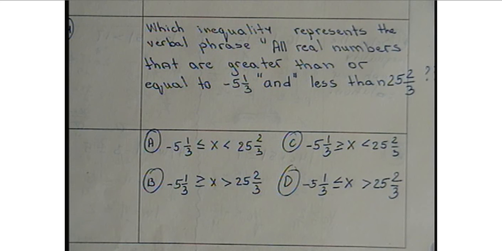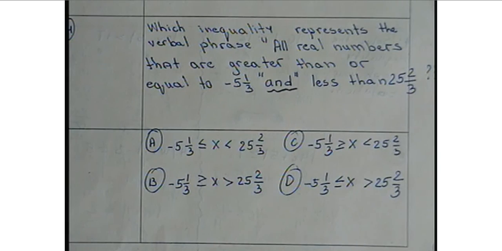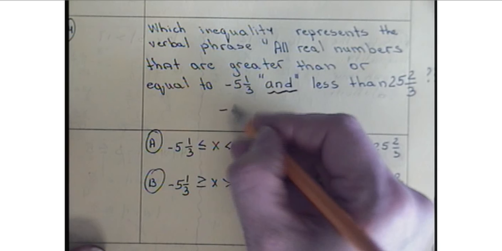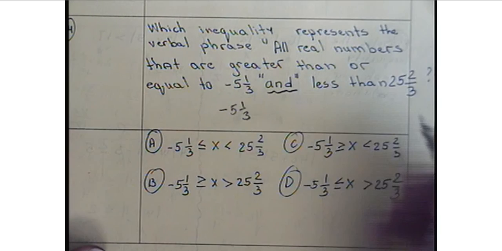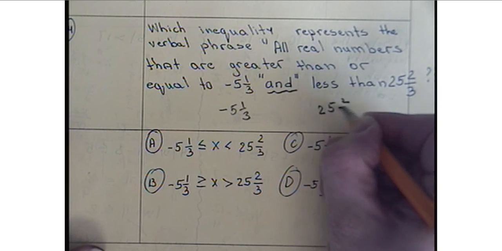So if we have all real numbers for one variable that are greater than or equal to and less than 25 and 2/3. Now always think about negative 5 and 1/3 is the smaller number, right? 25 and 2/3 is the greater number.